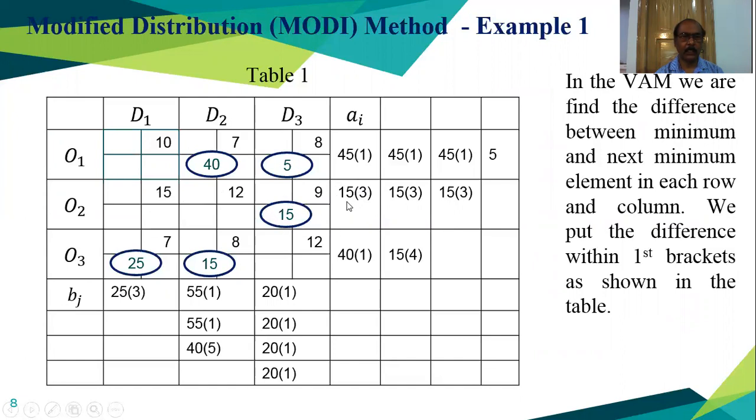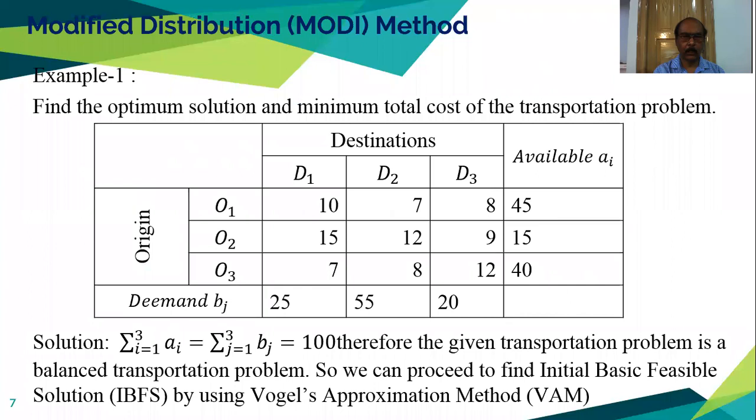Our availability is 15 units and demand is 20 units, so we can allocate 15 units here.